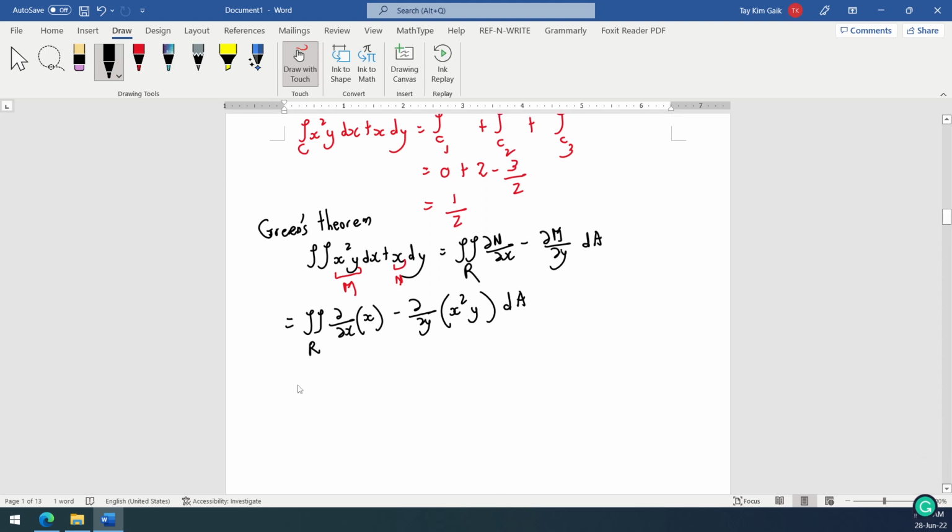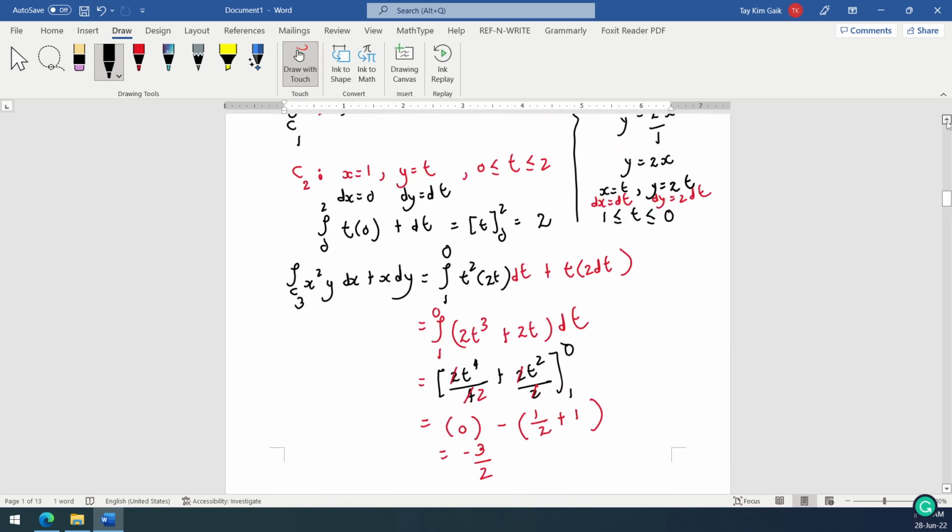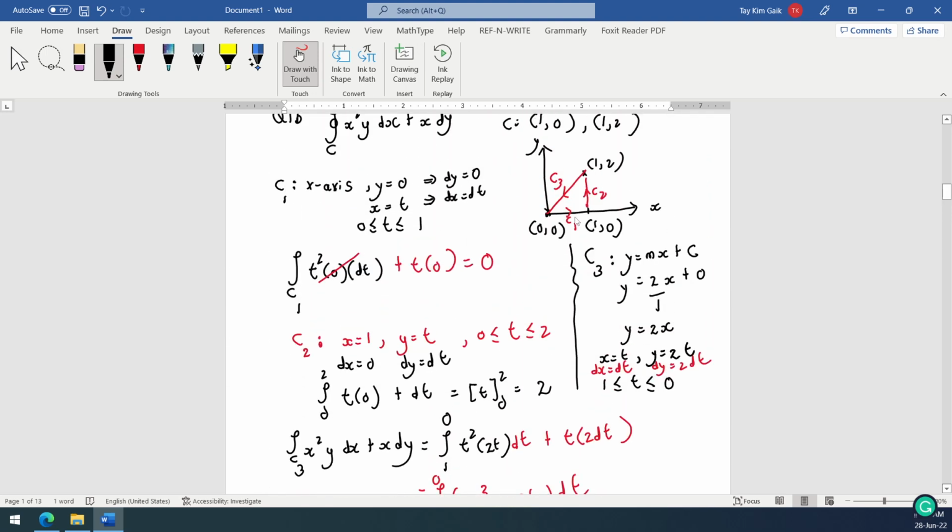Then you do the partial derivatives first. Del x gives you 1. Del y of x squared y gives you x squared. dA over region R. Look back at the region R that we sketched just now, bounded by curves C1, C2, C3.